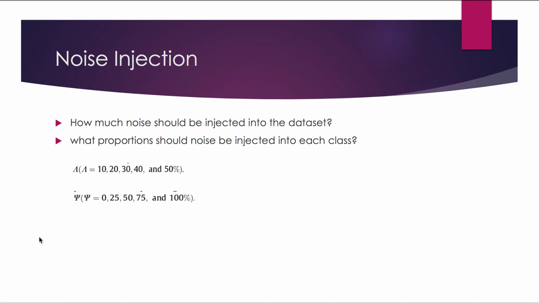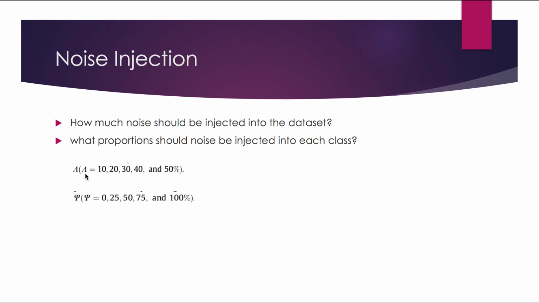In this work, they actually consider the impact of varying the class distribution of noise, which has been overlooked in previous studies. In this experiment, they use lambda and psi to denote different parameters.